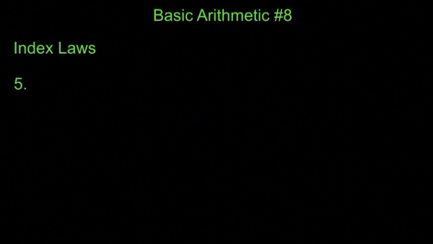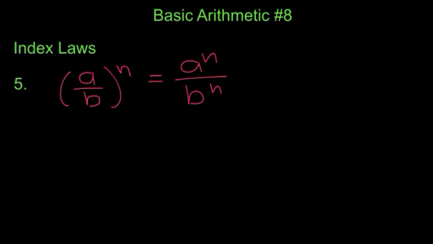The fifth index law states something very similar to the fourth index law, but we're dealing with fractions now. So if I have two elements inside the set of brackets raised to a power, still each element inside that set of brackets will be raised to the power. So we'll have a to the power of n over b to the power of n.